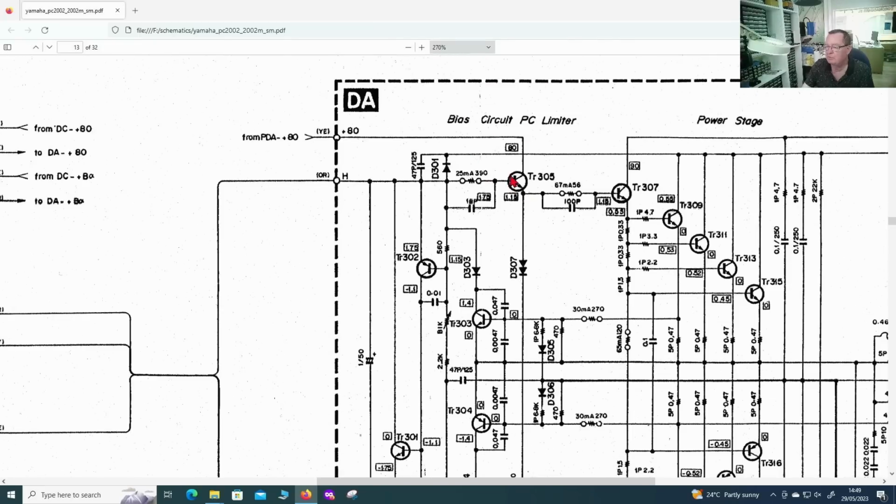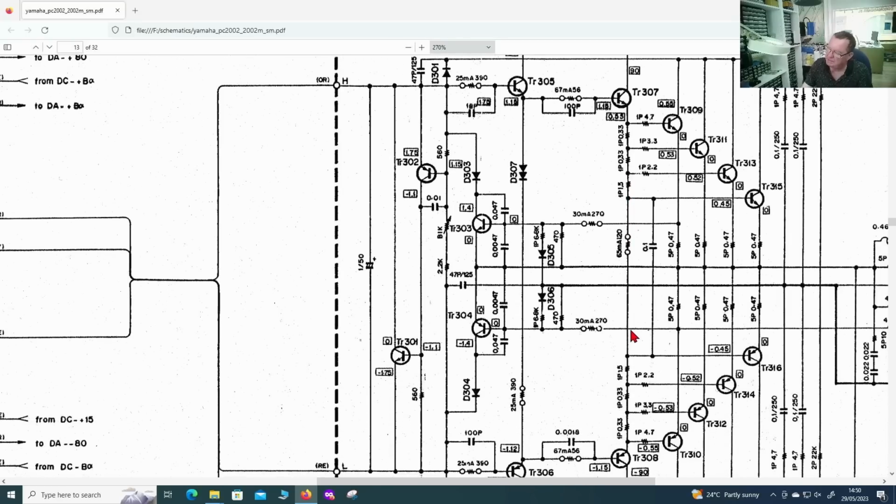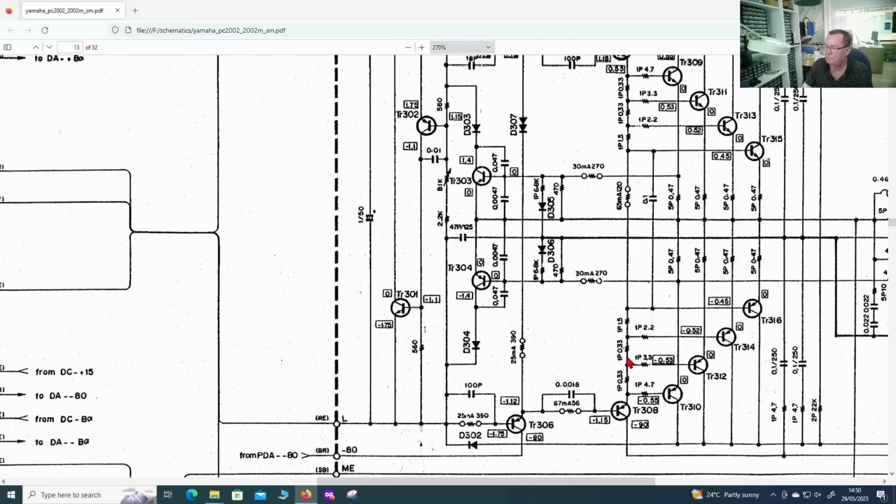If we had a short circuit base emitter here, well, we have, is that a 100 ohm or is that a 56 ohm? And we have a 0.33 and a 0.33 and another 120 ohm, and again this doesn't go to ground.